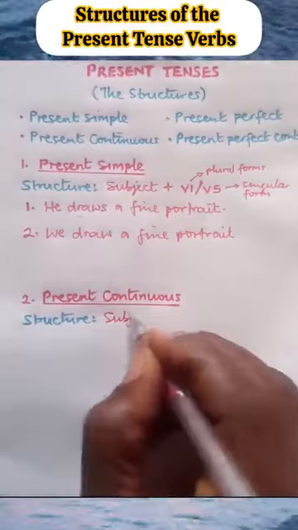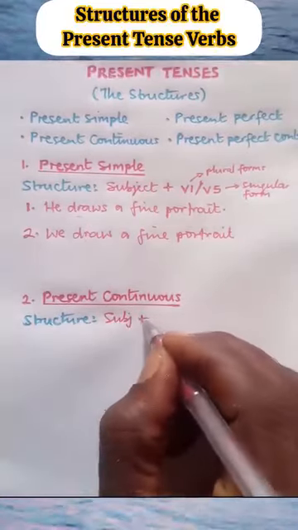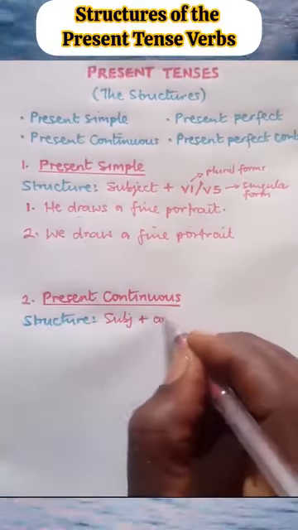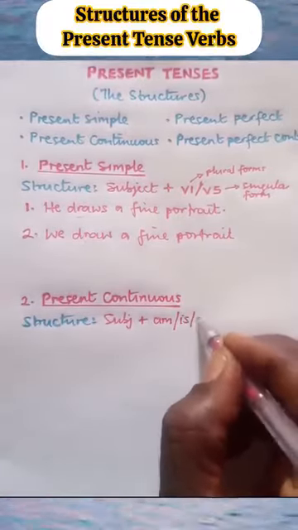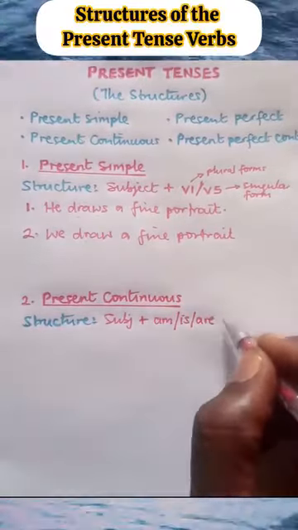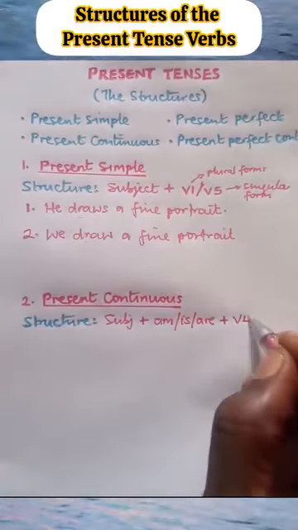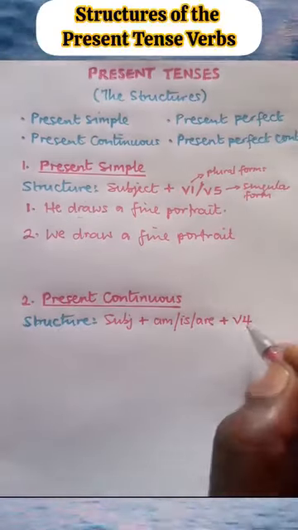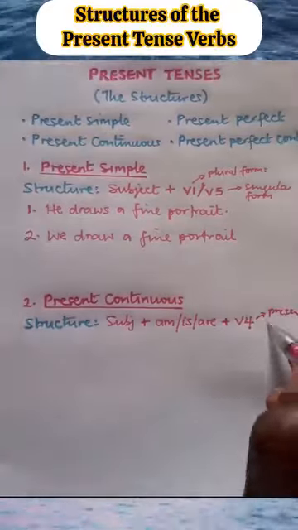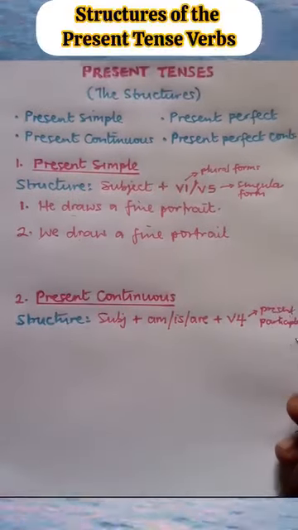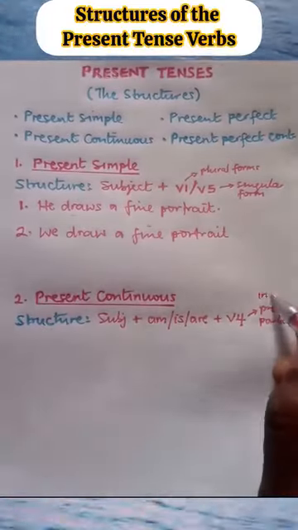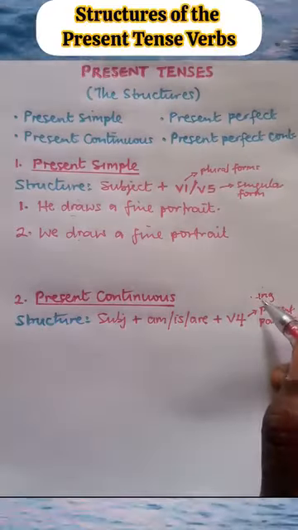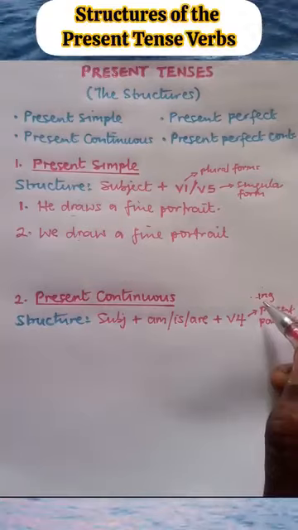Of course, we have subject plus any of am, is, are, and then verb 4. Verb 4 simply refers to present participle verbs, which are verbs that end in ing, also commonly called the continuous tense verbs.